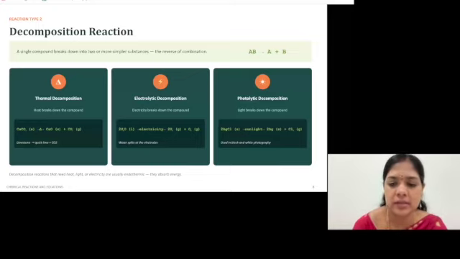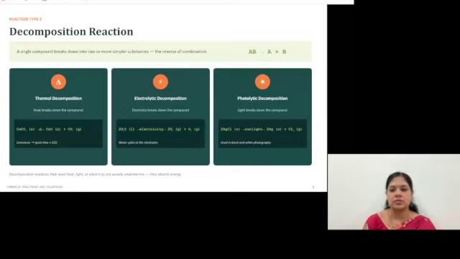Light breaks down the compound. So AgCl gives rise to Ag and Cl2. Okay, so here that is the reason AgCl is always stored in a dark place, because when it reacts with light it again decomposes into 2 Ag and Cl2.